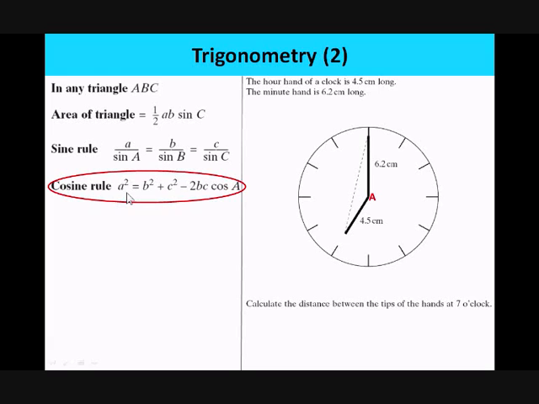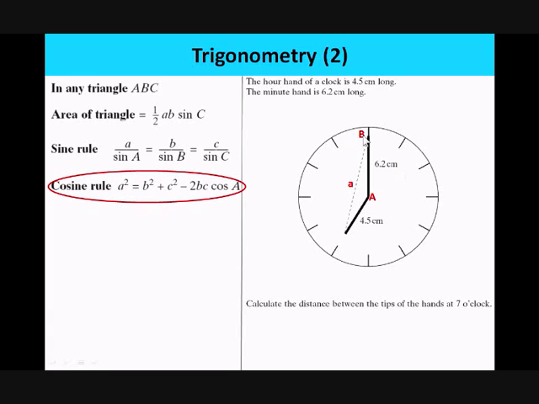If we take the cosine rule and start labeling this triangle, I'm going to label the angle in the middle as A, because the angle in the rule is A. See, it has cos A in the rule, and that's an angle. The only angle we know is the one in the middle, so we'll call it A. Then the side opposite is side a. And then I can label the other two any way I want, really.